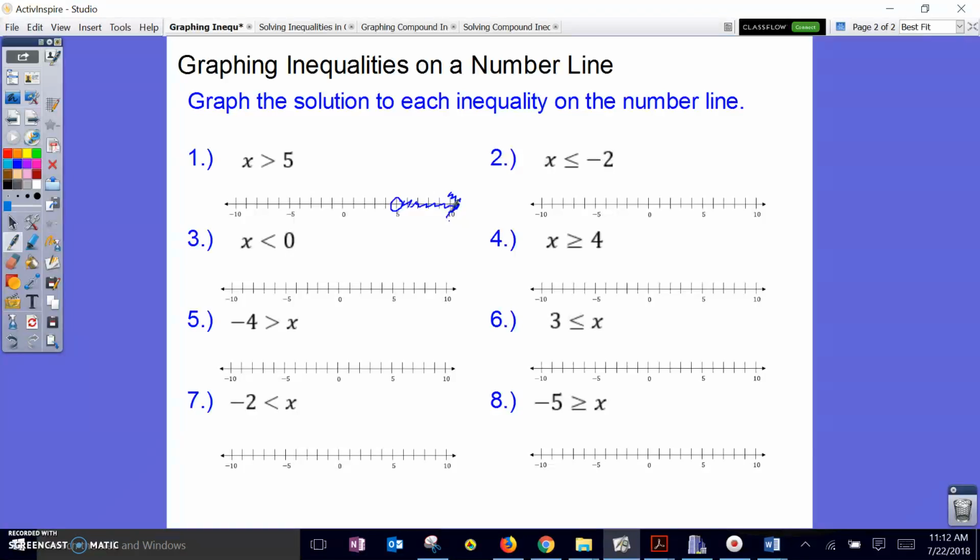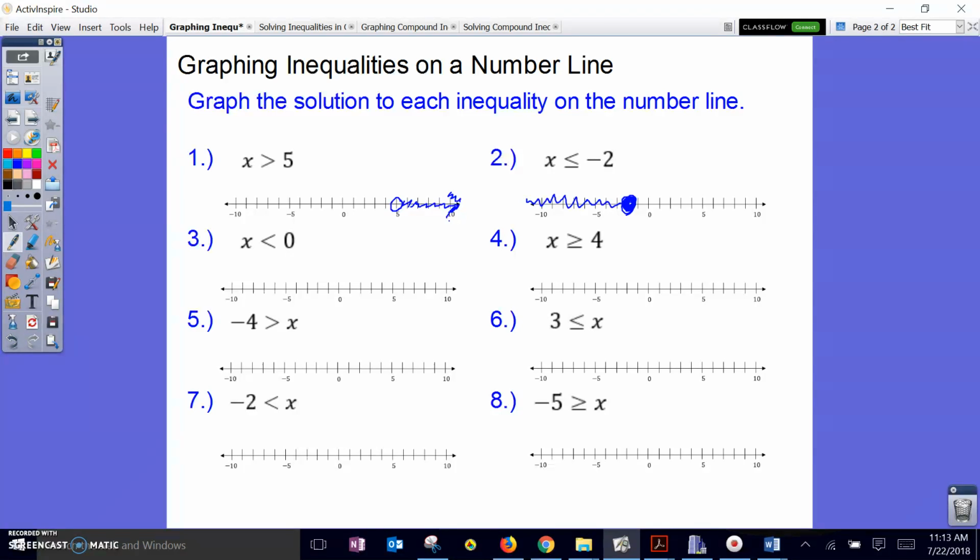Number 2, x is less than or equal to -2. This inequality sign has an equal portion to it, so we're going to put a solid circle at the value. So we have a solid circle at -2. And then we need to determine which direction we should shade. We're looking for values where x is less than that, so the x values are smaller, which means over to the left.